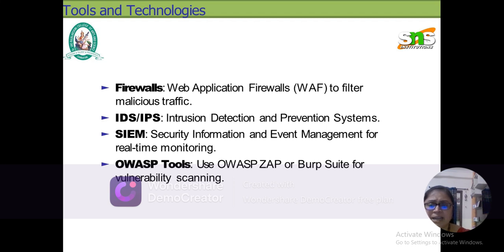IDS, intrusion detection and prevention systems. SIEM, security information and event management, for real-time monitoring. And OWASP, the Open Web Application Security Project tools, for vulnerability scanning and improving the security of web-based applications.